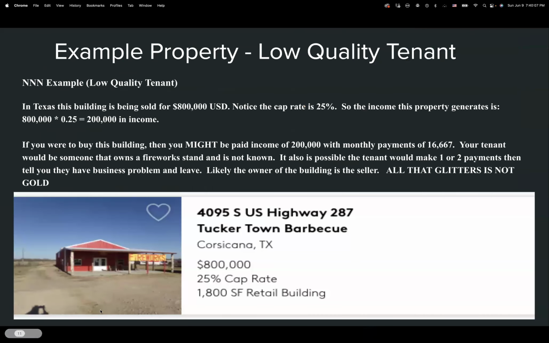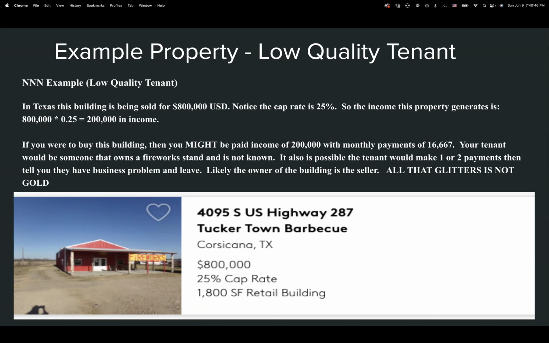What about a low quality tenant? I want you to notice here, this has a 25% cap rate. This is a little barbecue building that's for sale in Corsicana. Asking price is $800,000. They're offering a 25% cap rate. Can you imagine that, folks? That's a much higher cap rate. On paper, it looks like that would be the better deal, but you've got to be careful because there's always some risk. It might be that this fireworks stand, I don't know the details of it, but my guess is probably the owner has that fireworks stand, and he's probably offering to sell the building to you, and he'll operate the fireworks stand.